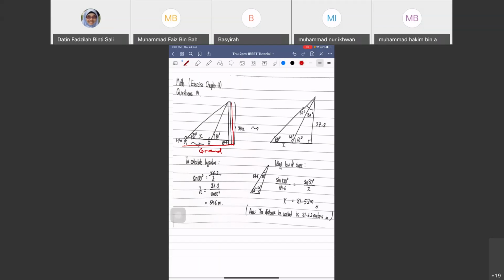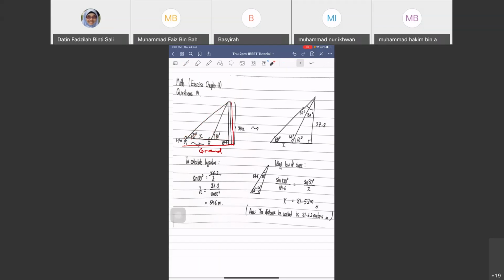If the boy walks, from his eyes looking up, the angle of elevation increases from 30 degrees until here is 60 degrees, as he walks towards the building.